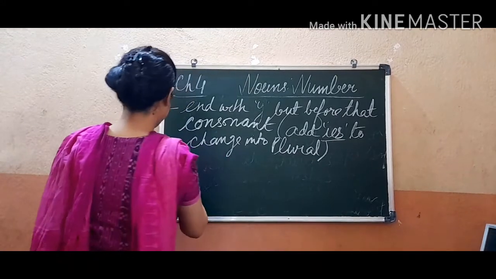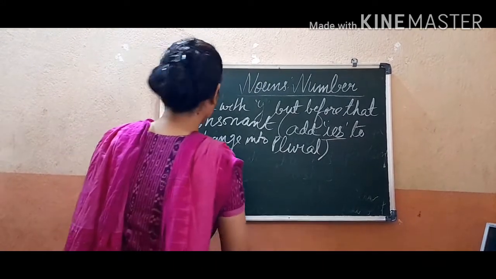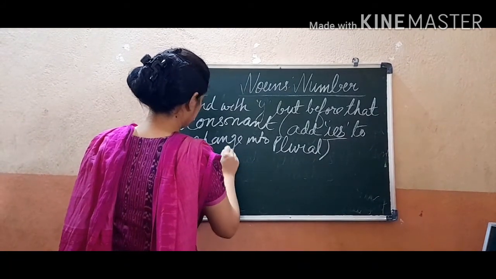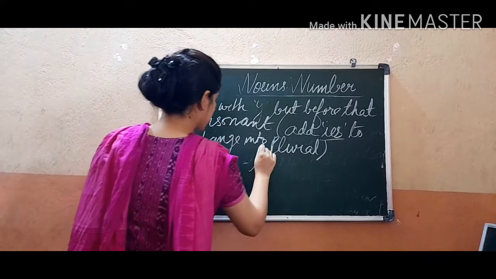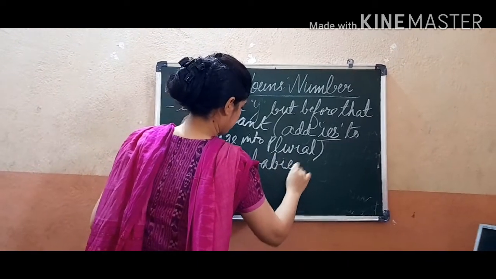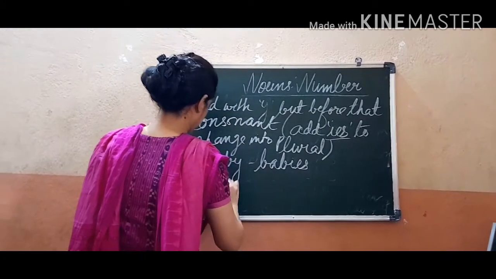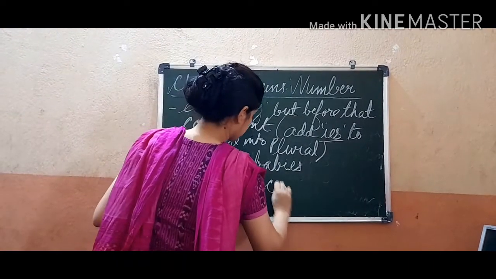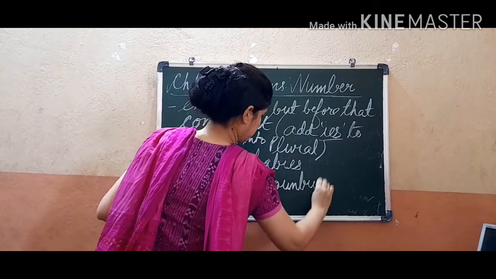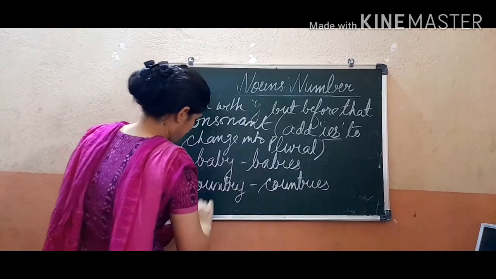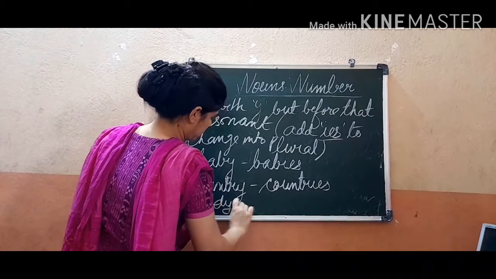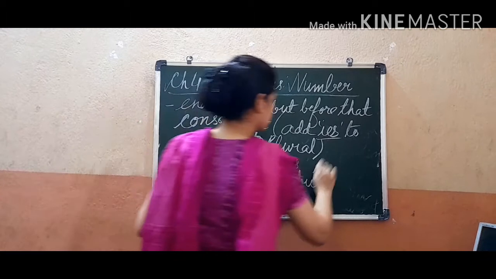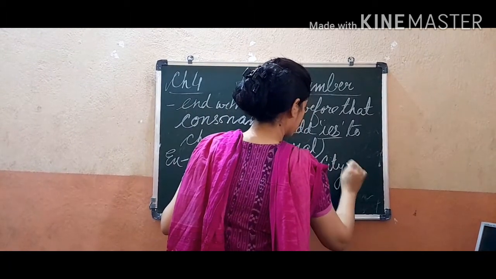For example, baby changes into babies. Country changes into countries. Body will change into bodies. City will change into cities.